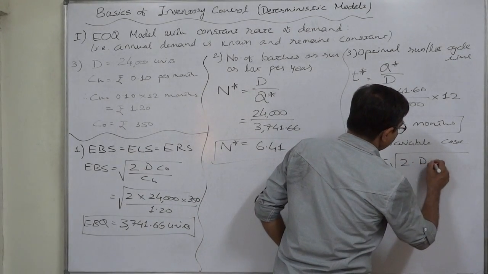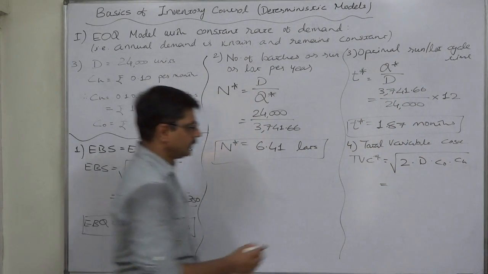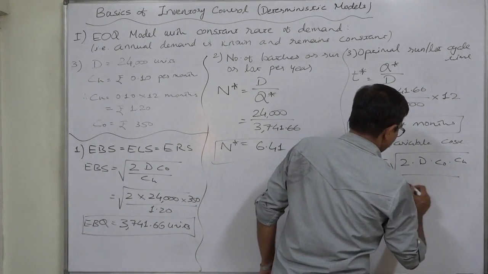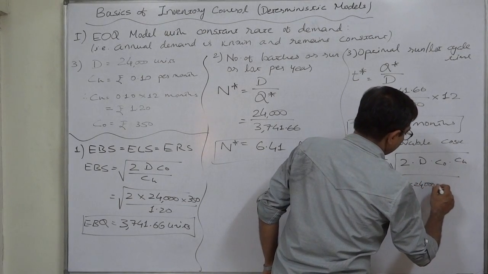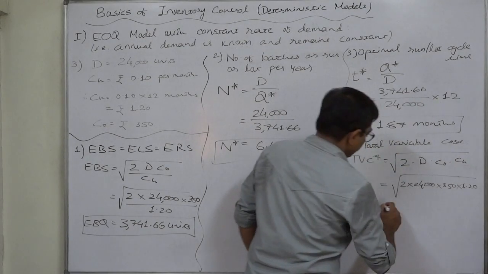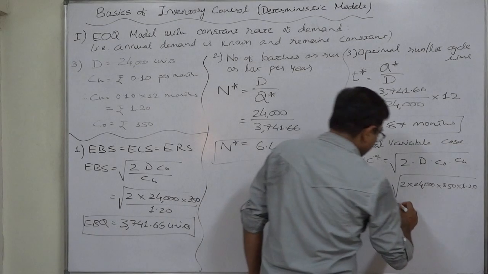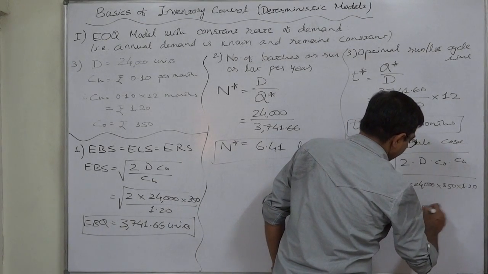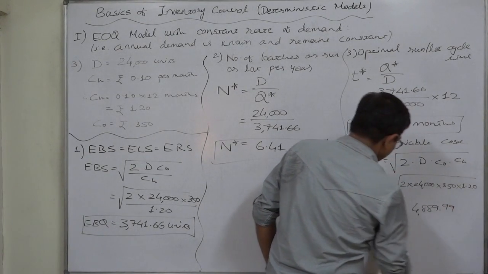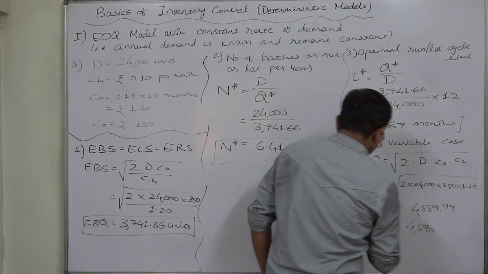Square root of 2 into D into CO into CH. 2 into 24,000 into 350 into 1.2 and square root of the whole product. It comes to rupees 4,889.99. That means approximately it is 4,890.